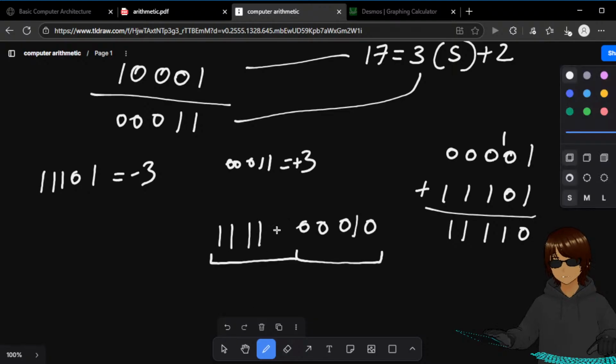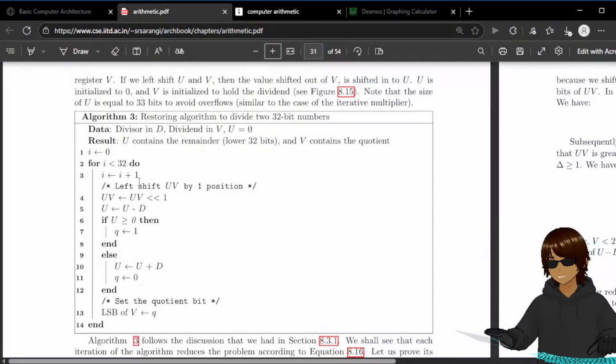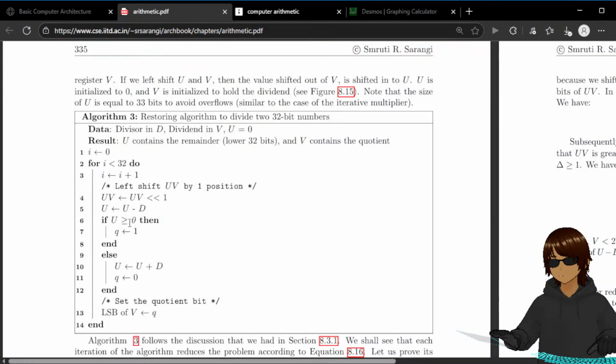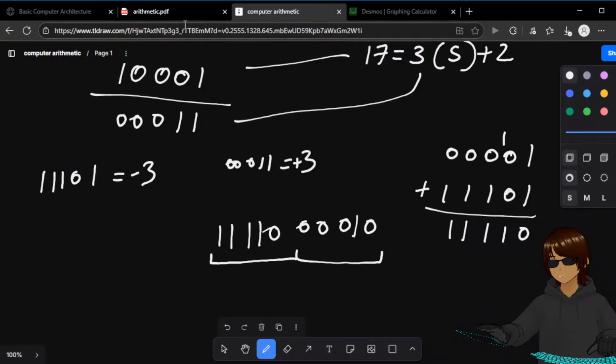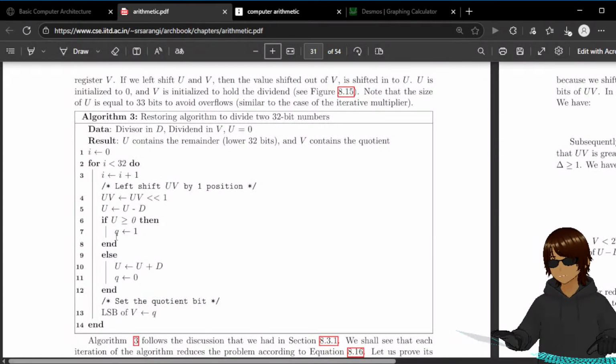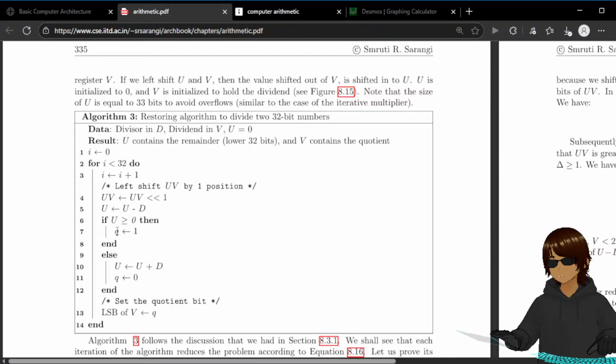Minus D. If U is more than 0, then Q is equal to 1. Else, Q is equal to 0. Where did this Q come from? No, Q is like a random variable inside the algorithm, right?